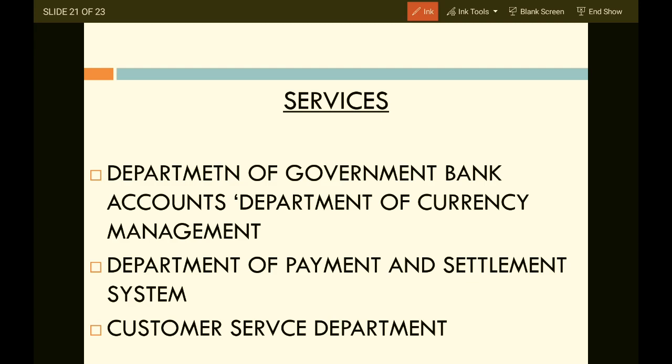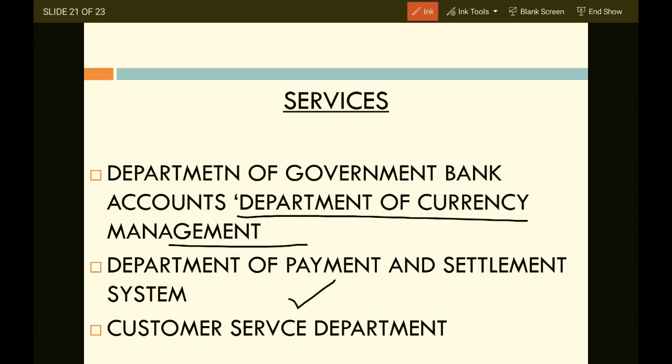The department of government bank accounts, and the department of currency management, very important. Currency management is the most difficult functioning of the RBI. The department of payment and settlement systems handles payment related to paying different countries in different currencies. It's handled by RBI.